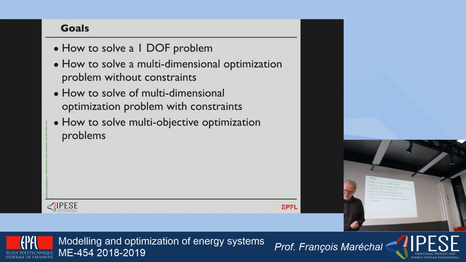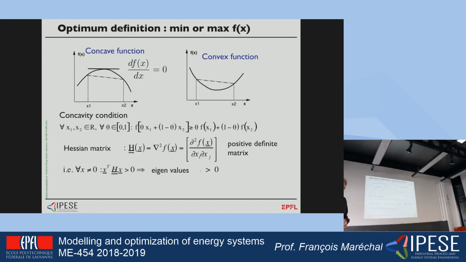The first thing we have to look at is the definition of an optimum. Typically, an optimum is the place where we reach either the maximum point for a concave function or a minimum one when we have a convex function.